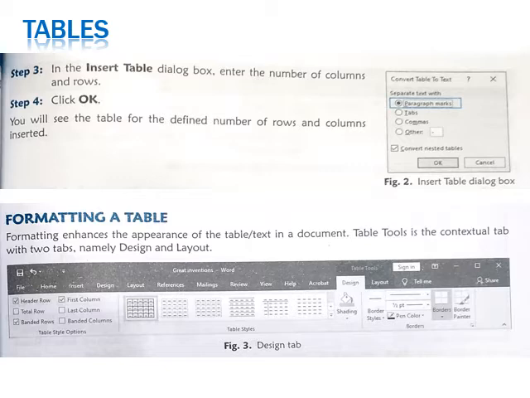Table tool is a contextual tab with two tabs, in fact two sub-tabs, namely design and layout. So let us see how your table will look in case if you apply any of the format. You simply have to select it, automatically that particular style will be applied on the chosen table.